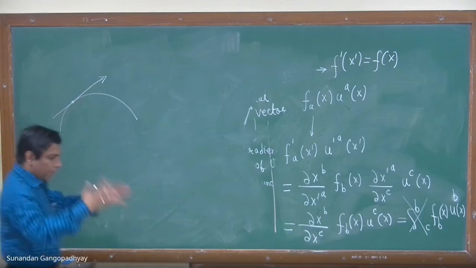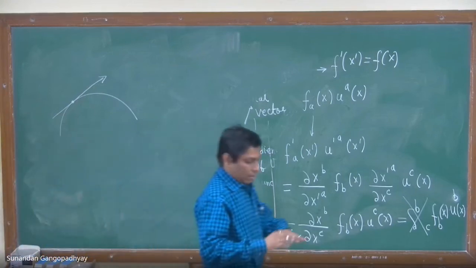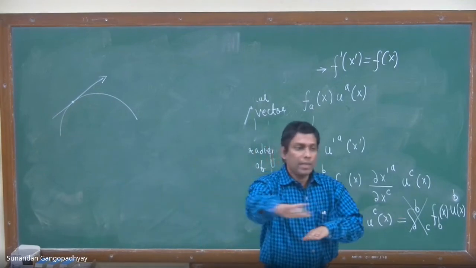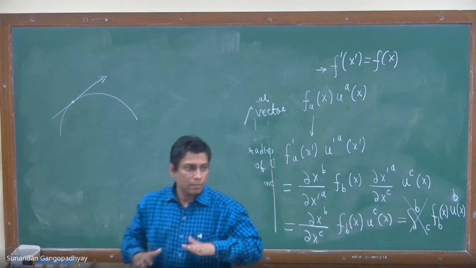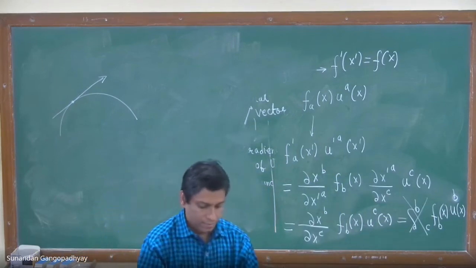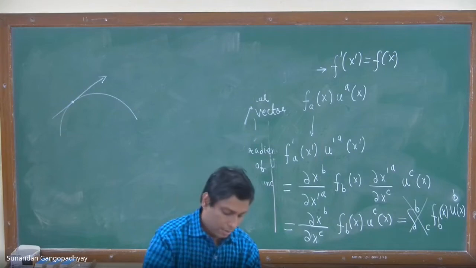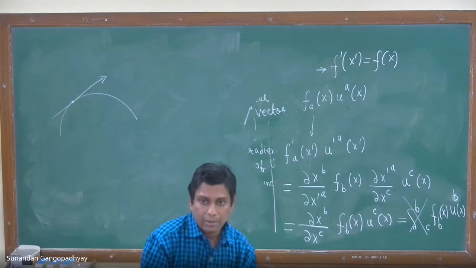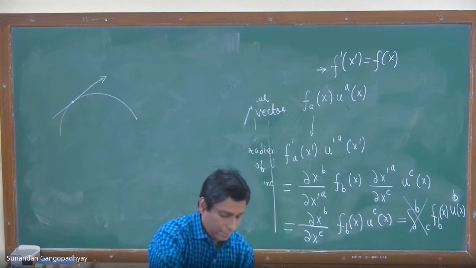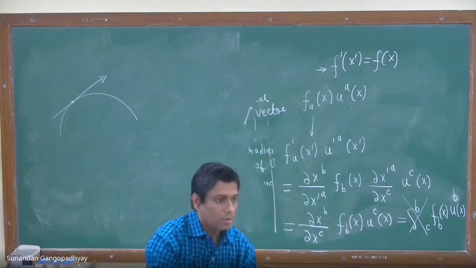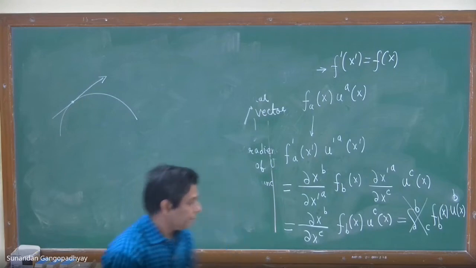On the surface of the sphere, at a particular point there will be a tangent plane. That tangent plane will be attached to only one point on the surface of the sphere, and from that point there can be infinitely many vectors whose origin is that point.